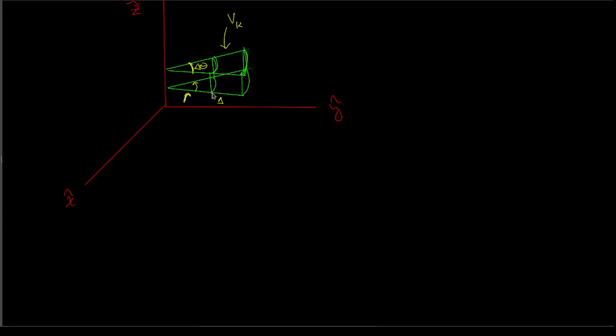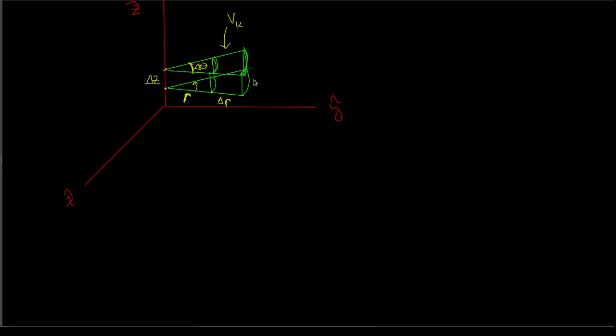And this extra segment here is delta r. So we have some r that represents the points, some change in theta, and then some height, which is our change in z. From here to here is a change in z. From here to here is a change in theta. From here to here is a change in r.